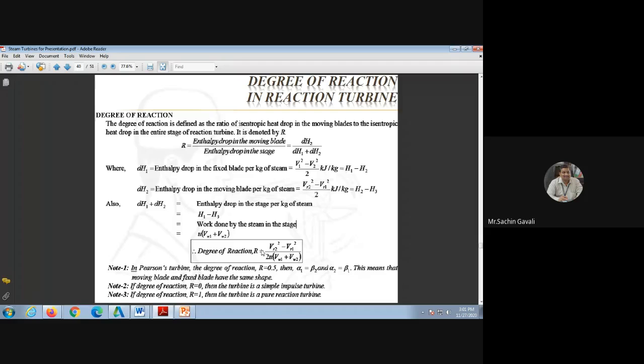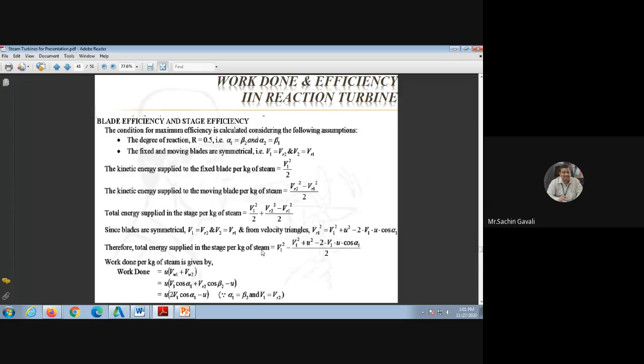Now tell me, if the degree of reaction is 0, that turbine is called what? This is a question asked in MCQs. Degree of reaction is 0, so that turbine is called as? Simple impulse turbine.